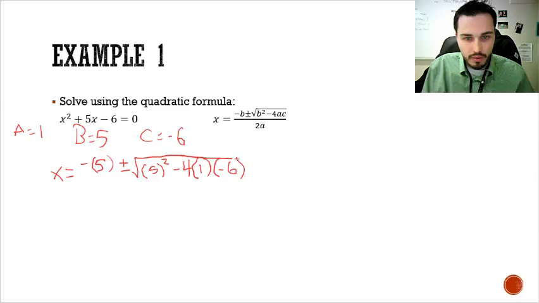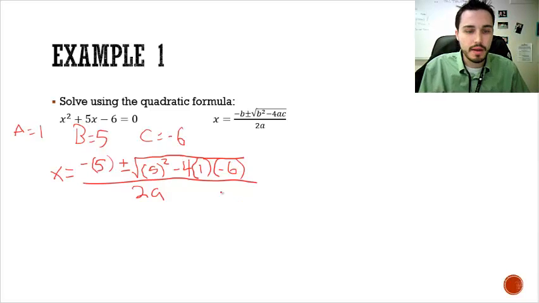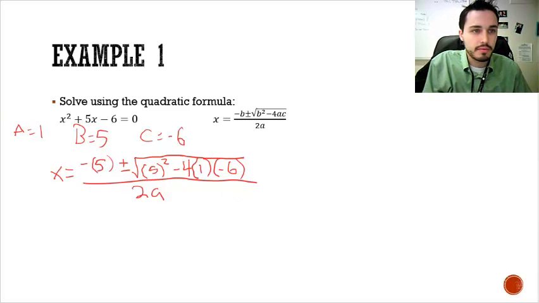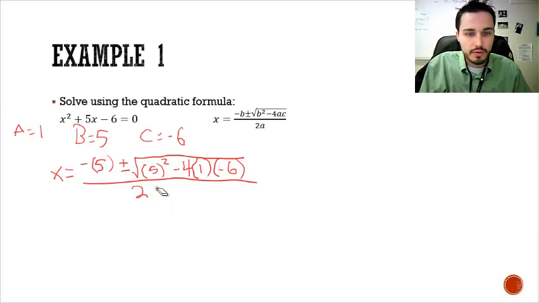Extend my square root all the way, and all of this is over 2a. Oh, whoops, a is actually 1, so all of this is over 2 times 1.